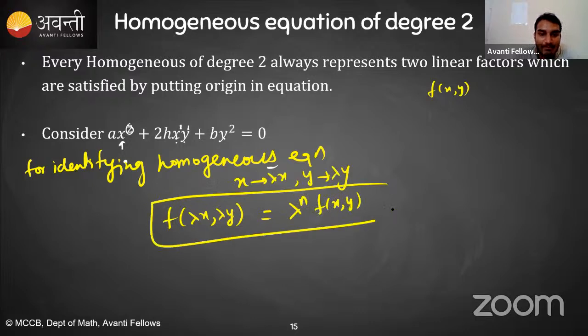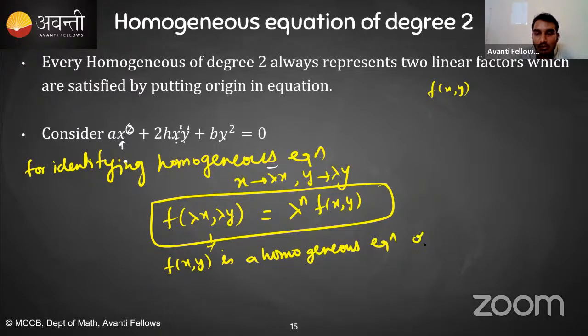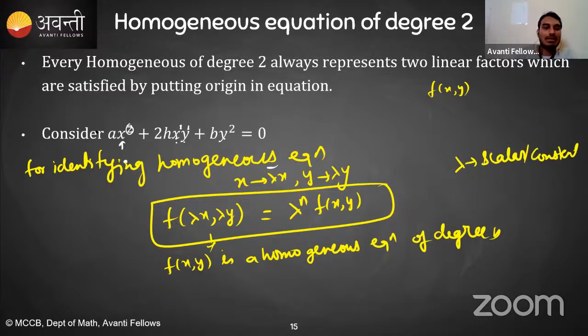If this is happening, then you will say f of x comma y is a homogeneous equation of degree n. Here what is lambda? Scalar. Lambda is a scalar quantity, means constant. Clear?